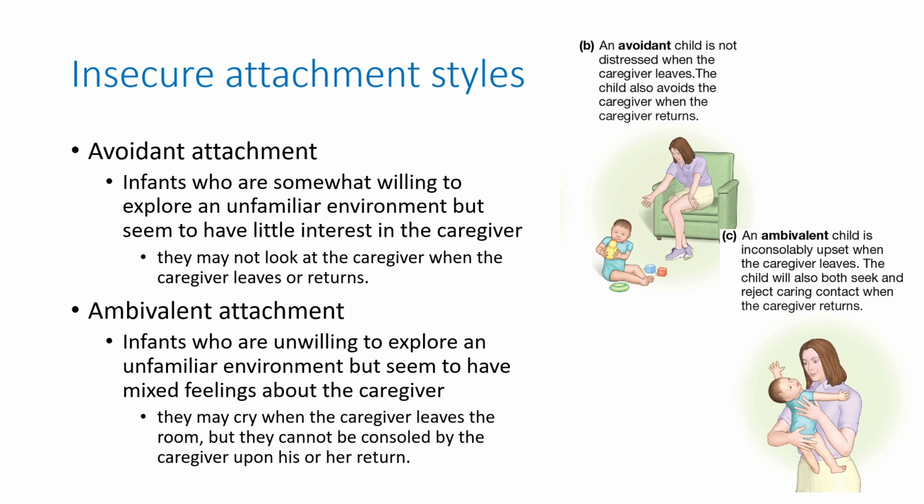They will explore somewhat the unfamiliar environment, playing, but when the caregiver got up and left the room, it didn't cause distress. And then when the caregiver would return, they would avoid the caregiver. They didn't really care to interact with the caregiver.